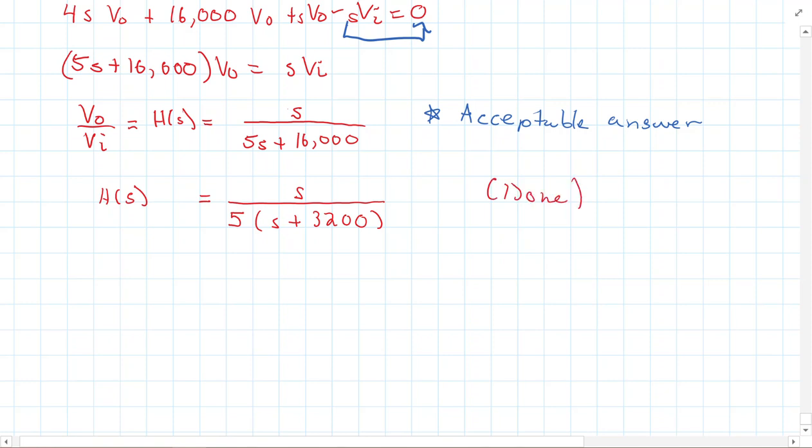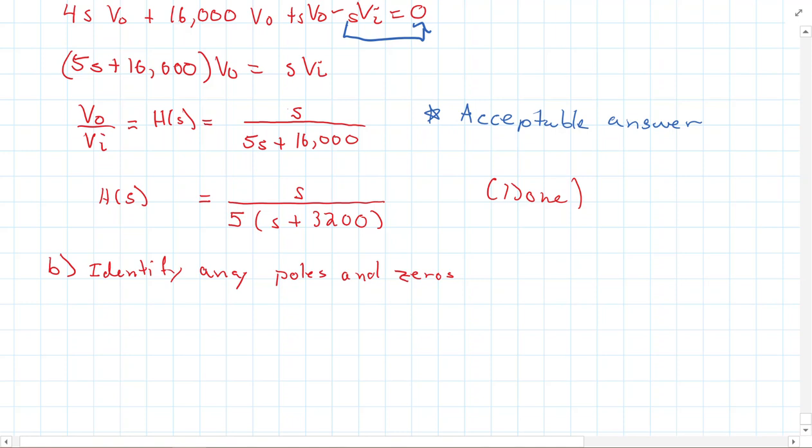But something that would definitely pop up on an exam, quiz, or assignment is a part B: identify any poles and zeros. We're not going to talk too much about poles and zeros in this course.